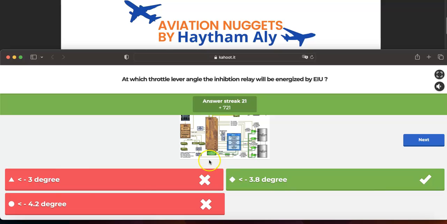And only when the throttle lever angle is less than minus 4.2, the resolver in the throttle control unit will ask for thrust reversal system deploy from the EEC. So we have three angles: minus 3 is the SEC, minus 3.8 is the EIU, and minus 4.2 is the EEC.